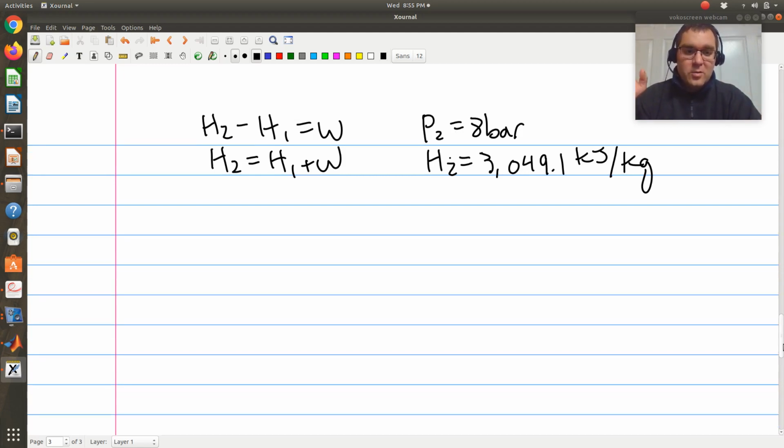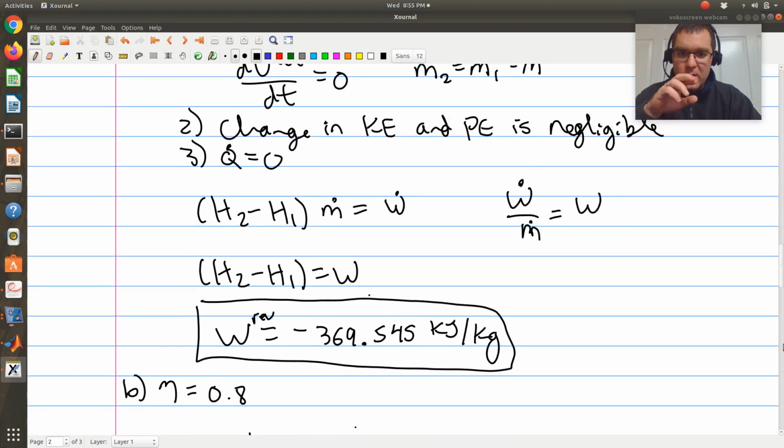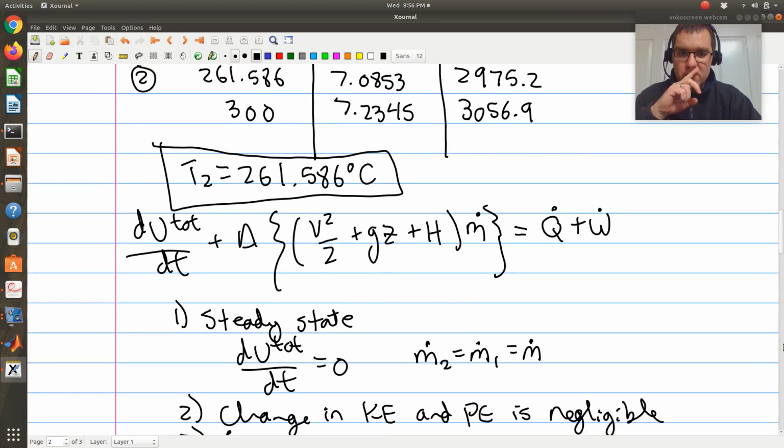I want to characterize my system here. Let's see if I can get my new T2 and then S2, just like we did for the reversible case. Then we can use that to get delta S of our system, which will be equal to Sgen. So then we'll get our entropy generation.